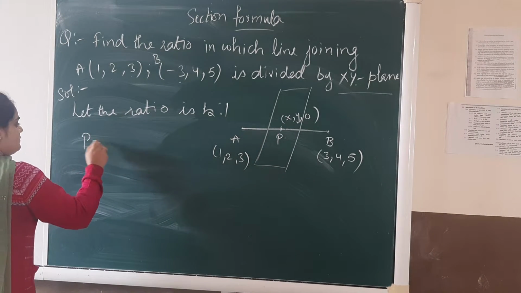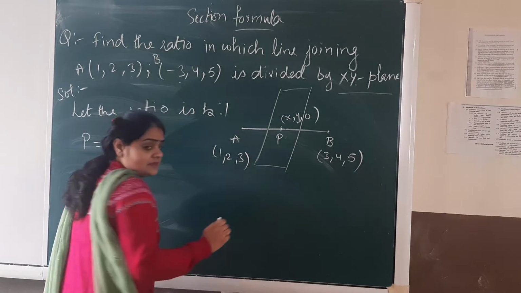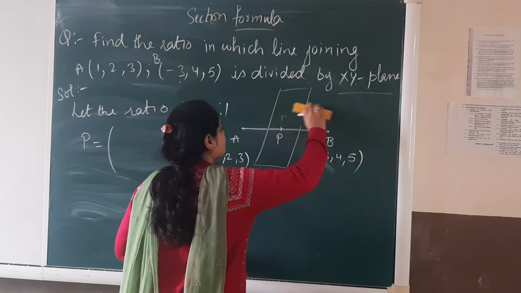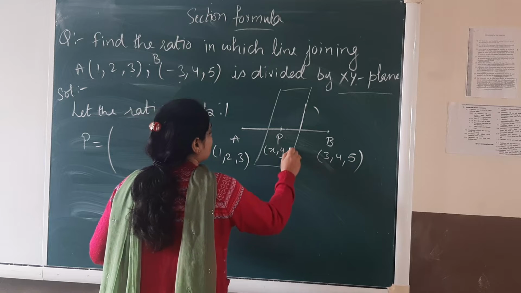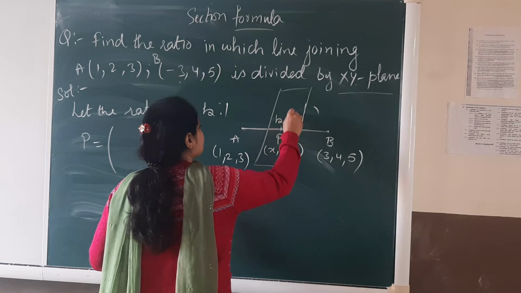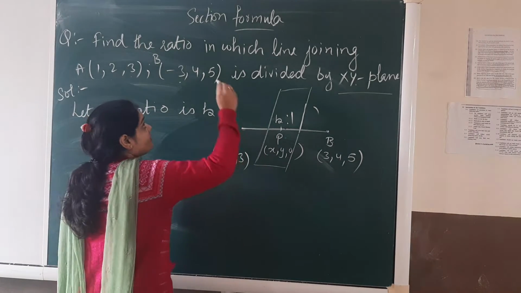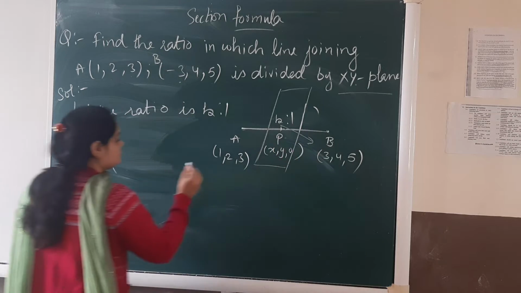So after applying the section formula, what do we get? I am writing the point x, y, 0 and the ratio is K ratio 1. Now we are going to apply the section formula.